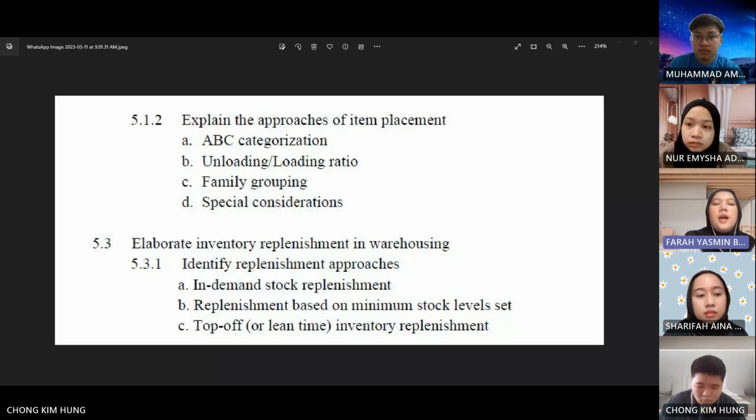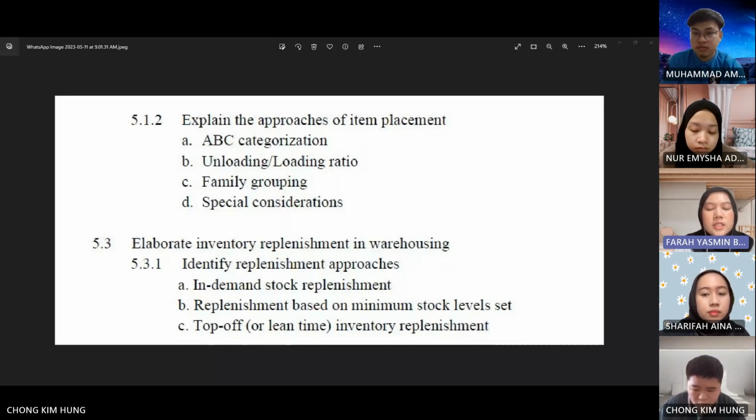ABC analysis has steps for the classification of items. First, find out the unit cost and the usage of each material over a given period. Second, multiply the unit cost by the estimated annual usage to obtain the net value. Third, list out all of the items and arrange them in descending value.